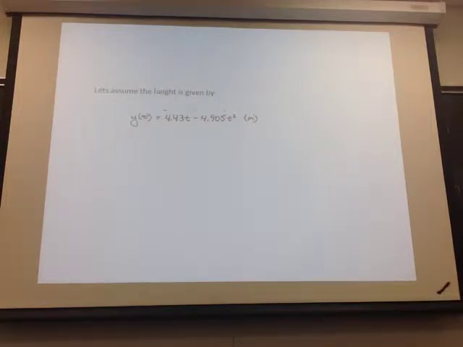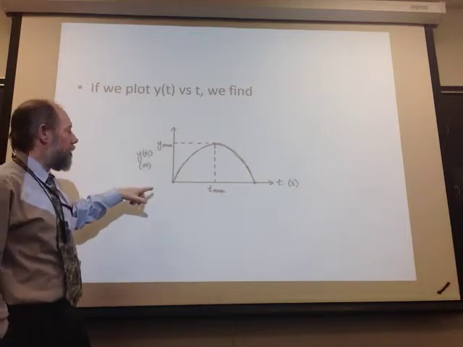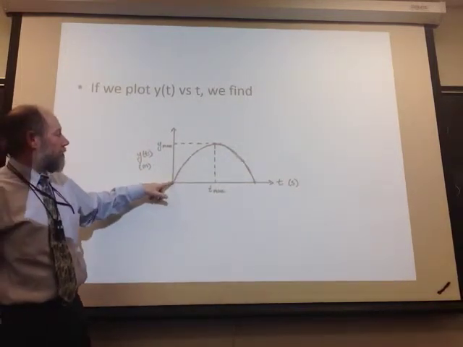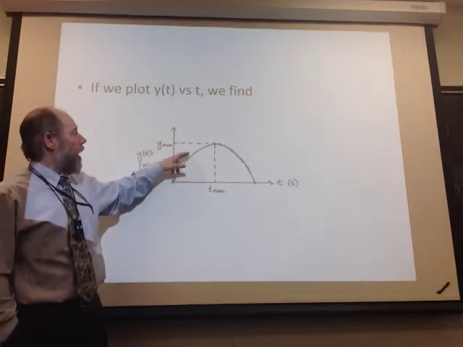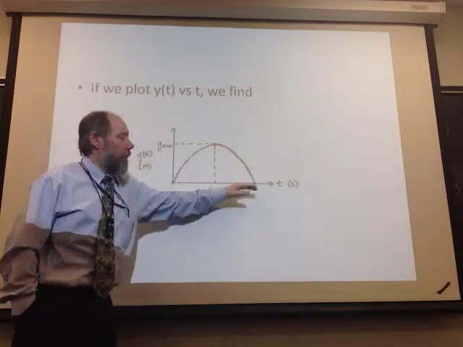This is the equation that we're given, 4.43 times time minus 4.905 times time squared. That tells you how high the ball is at any given time. And if you take that equation and plot it, you get a curve that looks like this. As time increases from 0, the value of y goes up and up until it reaches some maximum, and then as time continues, it comes back down.